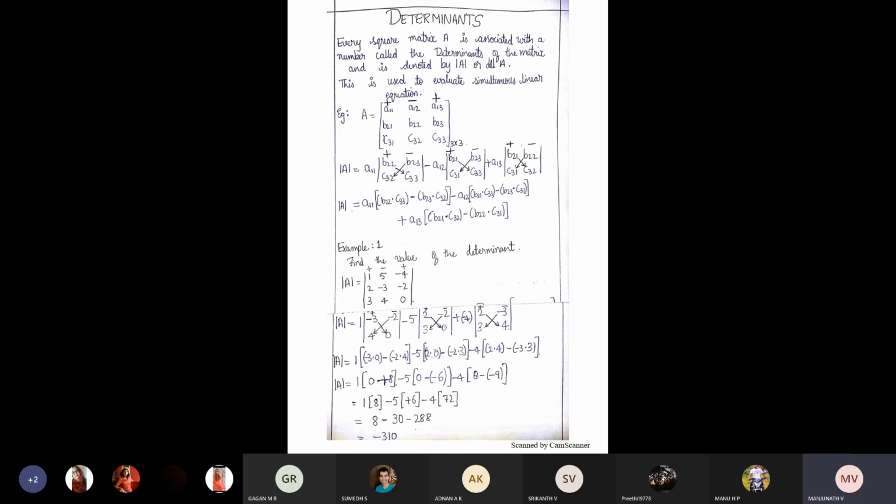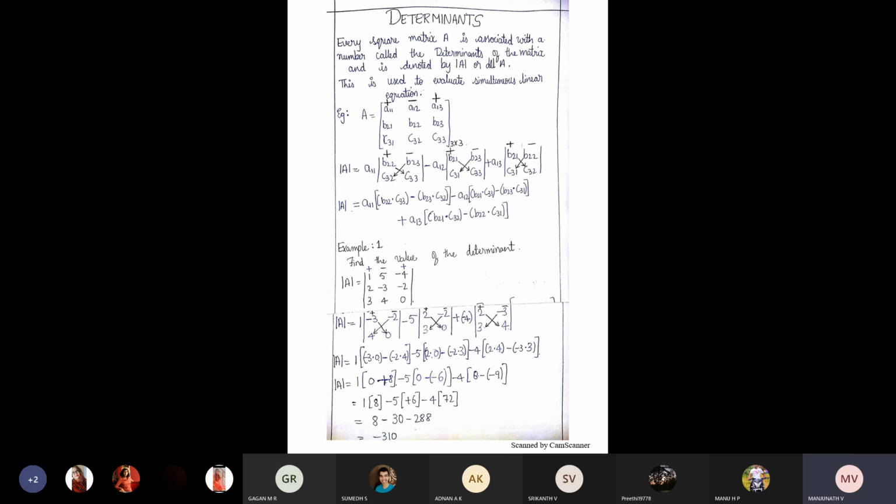Understood? Is it visible in the slide? Yes, it's visible. Now, there's a matrix representation.